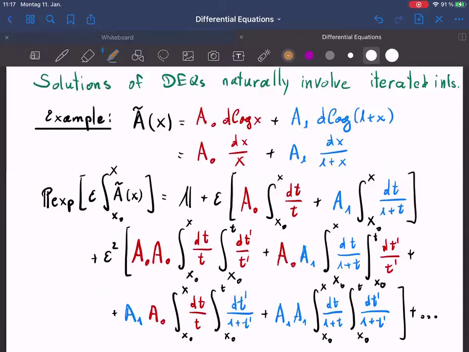You see here the structure again for the box, where your matrix A tilde, which before was called A2, is a sum of two terms with two constant matrices A0, A1, and two differential forms which just have poles at x equals 0 and x equals -1. When you expand the path-ordered exponential, at every order in epsilon you get these iterated integrals. So the solutions to the differential equation, if they are in canonical form, will generically involve iterated integrals. It just comes out of expanding this path-ordered exponential.